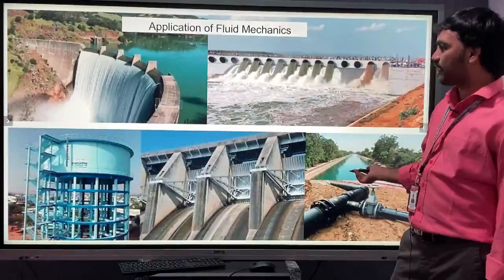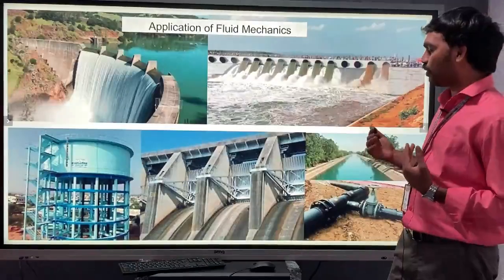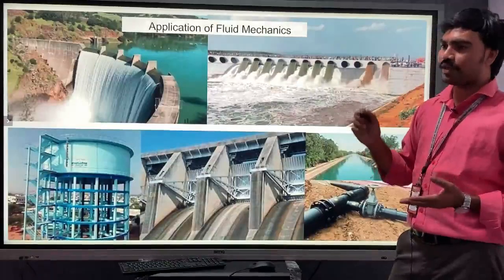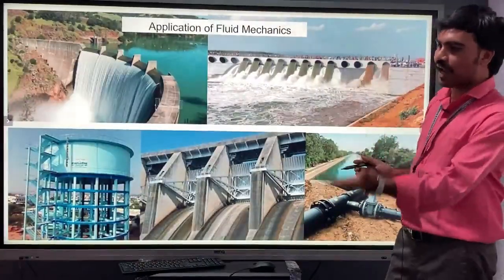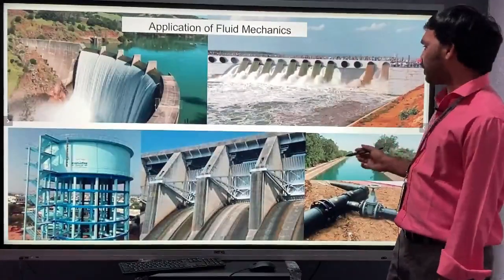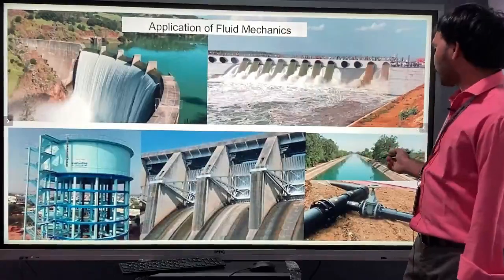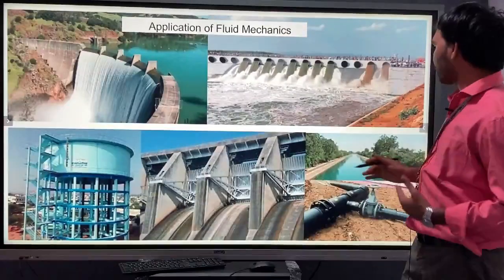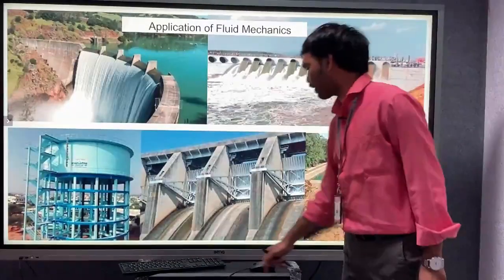To design these canals, we have to provide a certain slope, and we have to know how much quantity of water has to flow and how much has to reach the end user. For that we first need to estimate the quantity of water. Fluid mechanics will help you with that, and also with providing the side slopes and longitudinal slopes. So we have to understand fluid mechanics for these things.